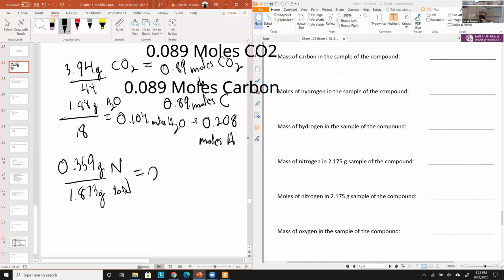And we get 0.192, or 19.2% nitrogen. So the question's asking for, out of the 2.175 gram sample, how much nitrogen do we have? So we take 2.175 multiplied by our percent 0.192 of nitrogen, and we get 0.42 grams of nitrogen in the sample.